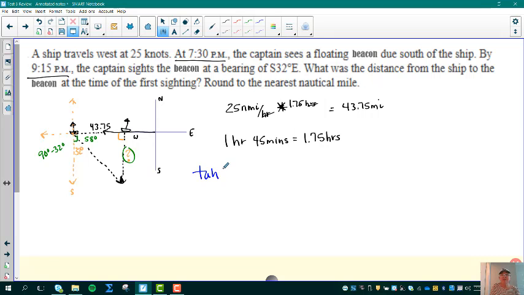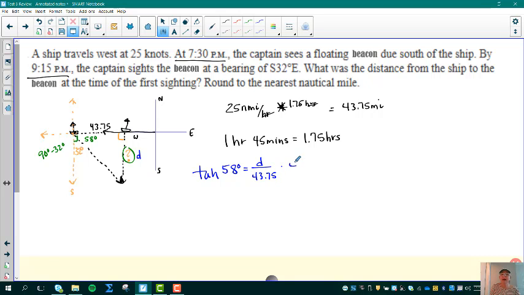So we have the tangent of 58 degrees is equal to opposite, which we don't know, so I'll call it D for distance, D divided by 43.75.